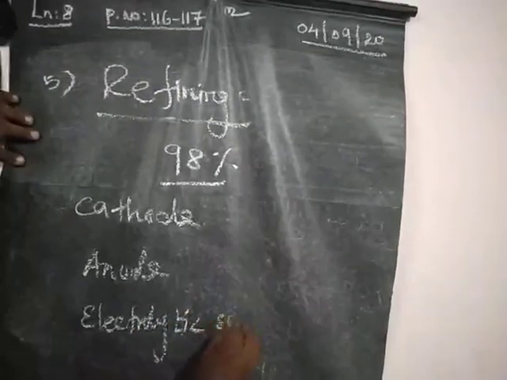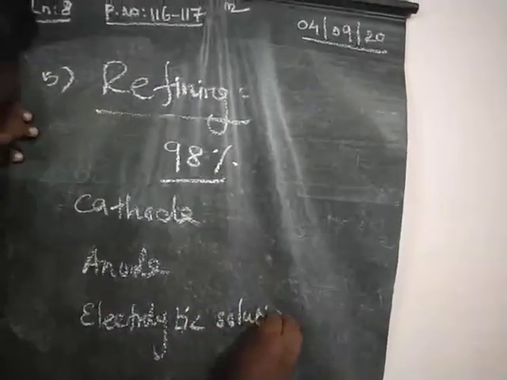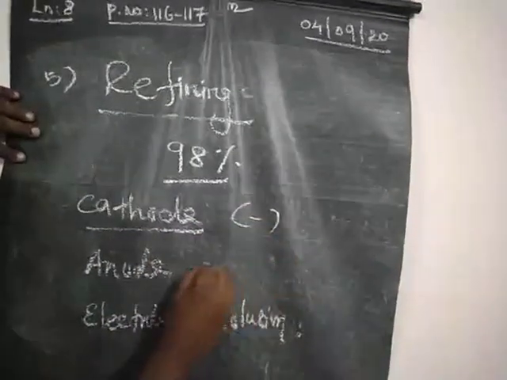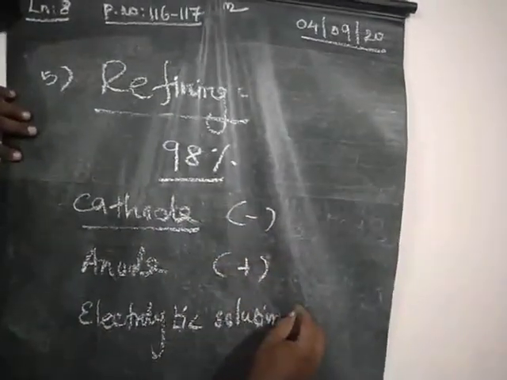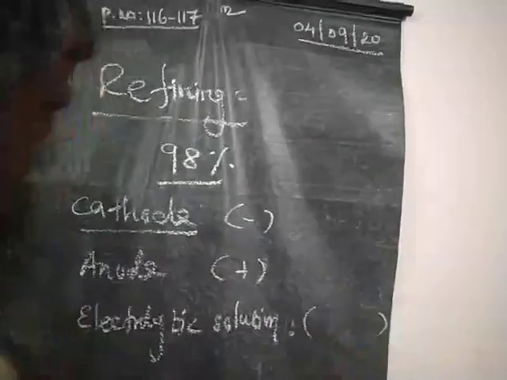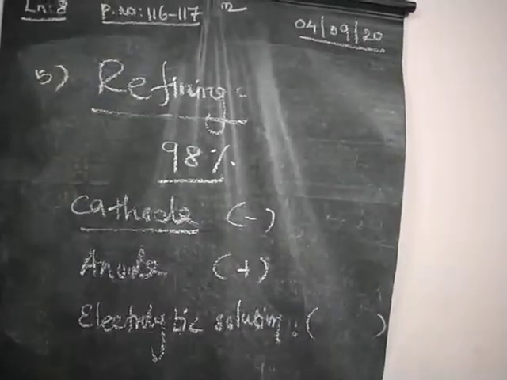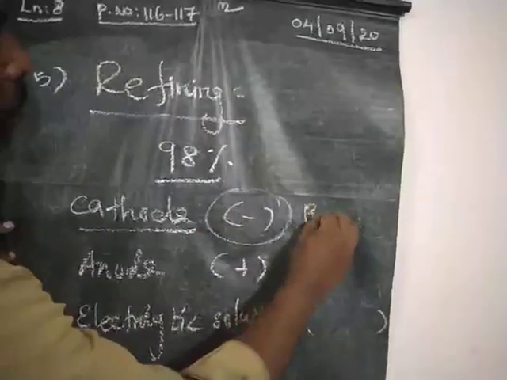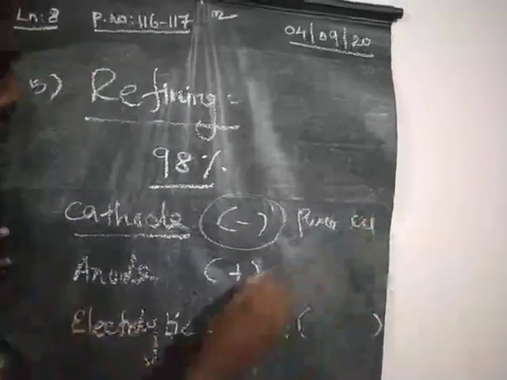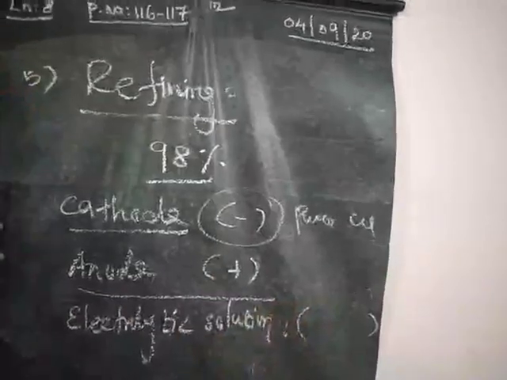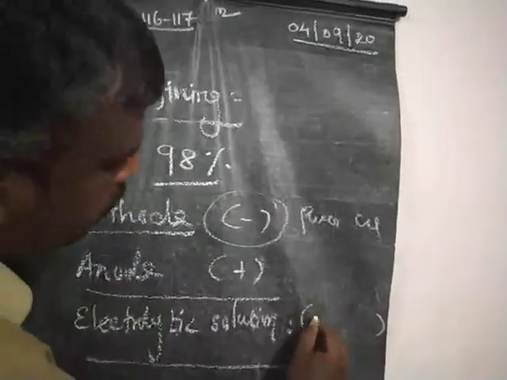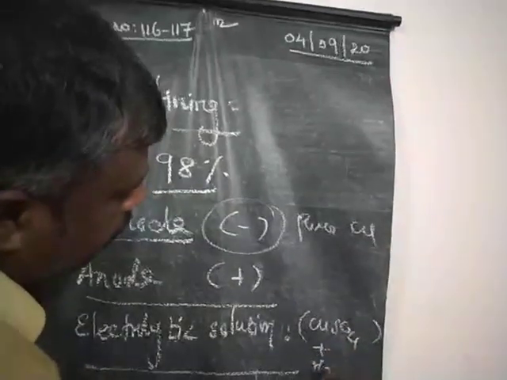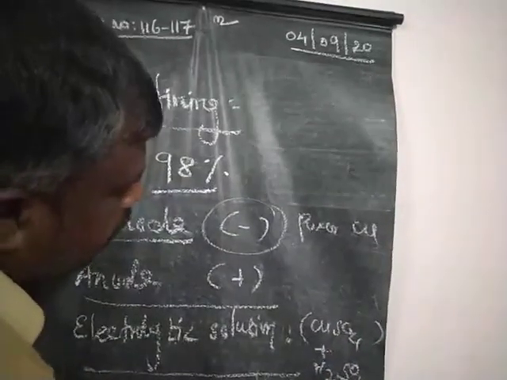We already know the cathode acts as negative and the anode acts as positive. At the cathode we take pure copper, and the impure copper we take on the anode side. The electrolytic solution is copper sulfate plus sulfuric acid, acidified.